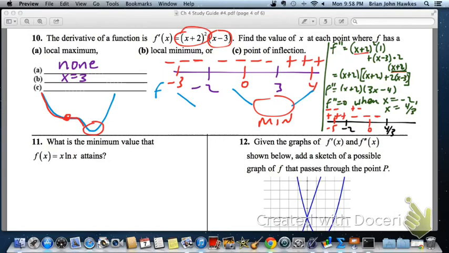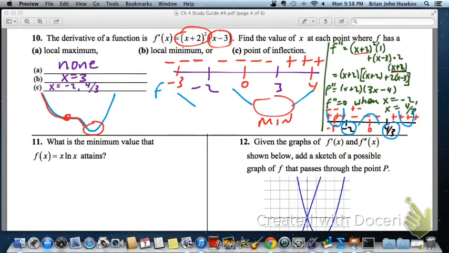And then to the right of 4/3, both of our factors of f double prime are positive. Therefore, f is concave up, then concave down, then concave up. Therefore, our two inflection points occur when x is equal to -2, and also when x is equal to 4/3.